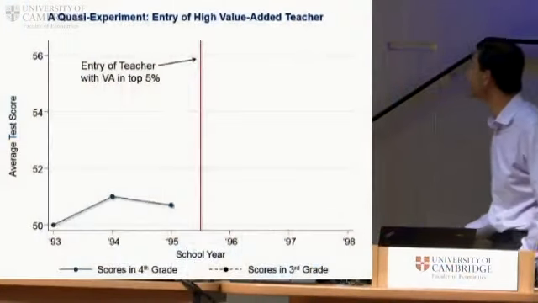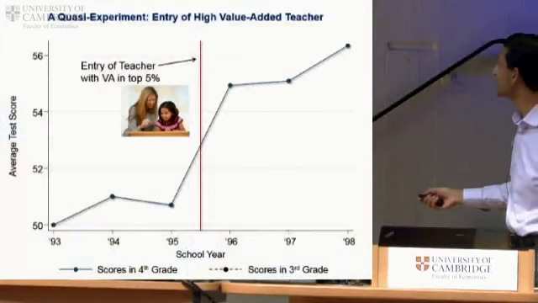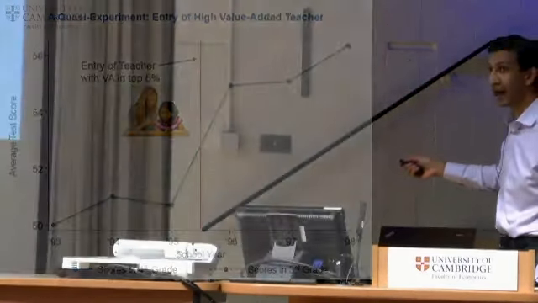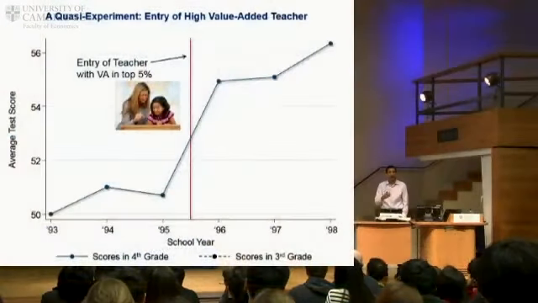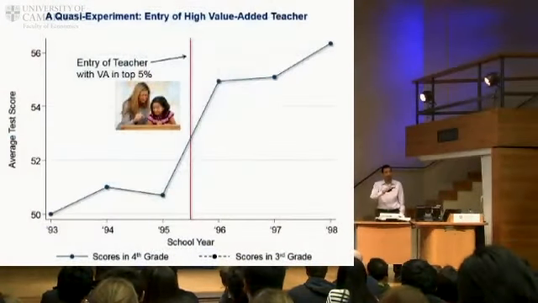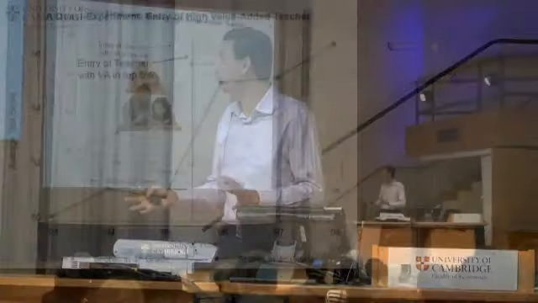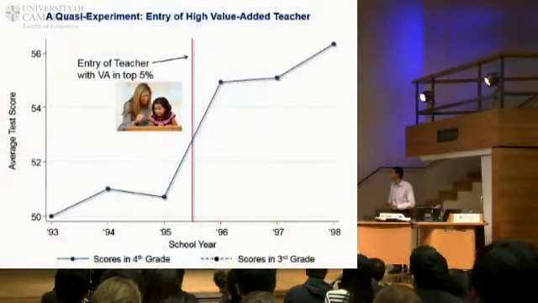And then as soon as this high value added teacher enters, test scores immediately jump up, and then they continue to stay high in subsequent years as that teacher continues to teach subsequent cohorts of children, which is exactly what you'd expect if you think that these high value added teachers are actually having a causal effect on their students' achievement on standardized tests, okay, which is the starting point of this analysis.